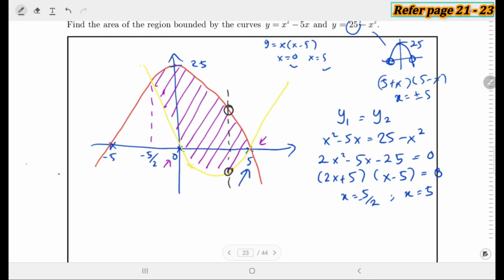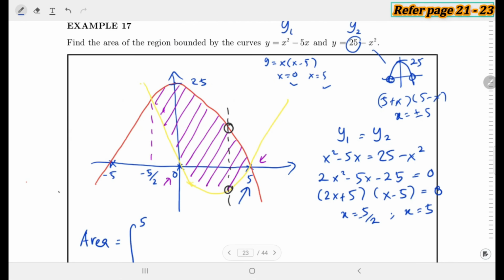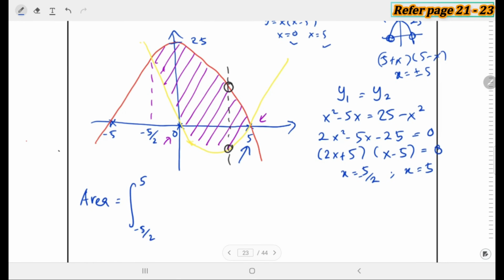Now let's get started to find the area. Area equals the integration from negative 5 over 2 to 5. The upper function is the red one, 25 minus x squared.